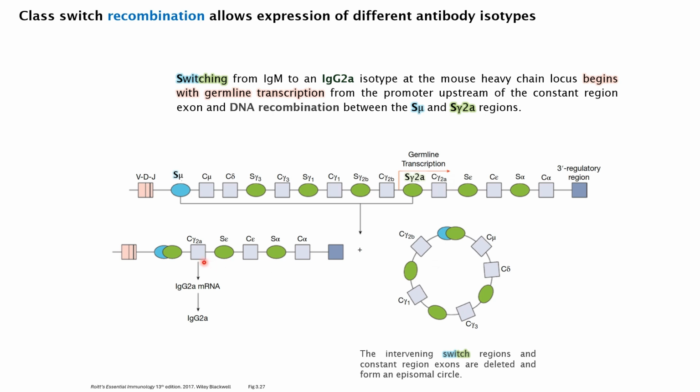And now what's left is, after the VDJ, the intron here, and the next exon is gamma 2A, which is what we wanted. So we lost everything in between, and when this is transcribed, we'll end up with a functional antibody containing the variable VDJ domains and just the constant region here to make mRNA, and then the final antibody. Now we have just one more slide.